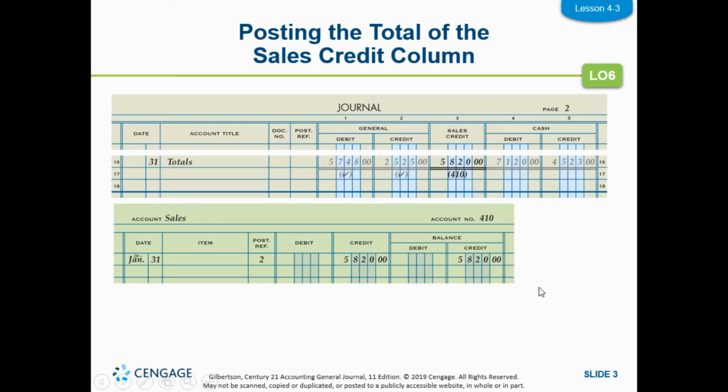Okay, so here we go, posting the total of the sales credit column, and we're going to stick with a very deliberate 5-step process. I want to emphasize the importance of the last step in the posting process, to show that you have actually posted the total of that column to the general ledger.